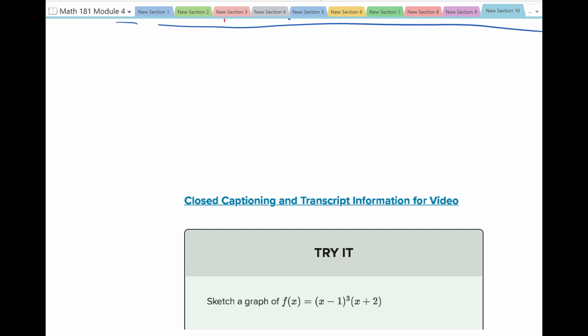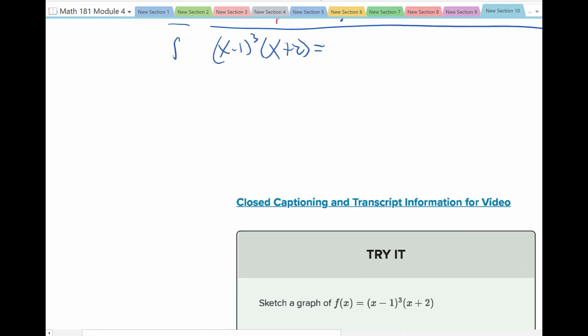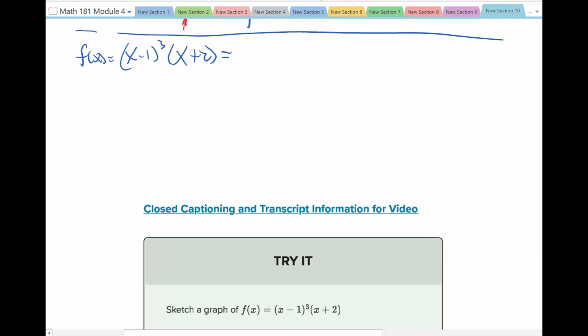Okay, so what we have is x minus 1 cubed times x plus 2, and that comes out to be, just expanding that, x to the 4th minus x cubed minus 3x squared plus 5x minus 2.